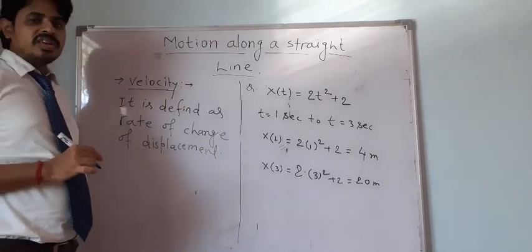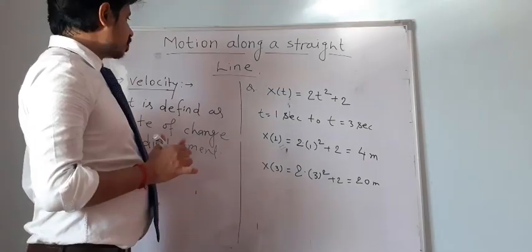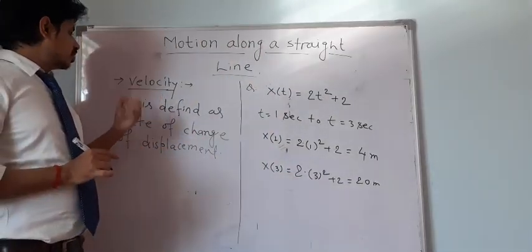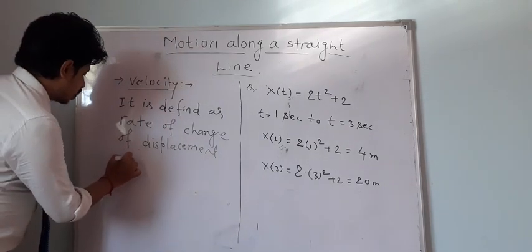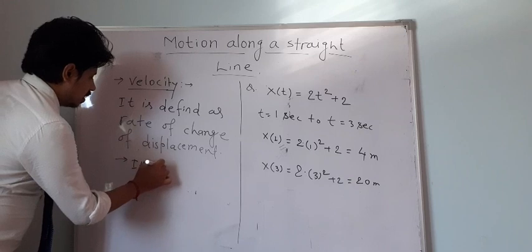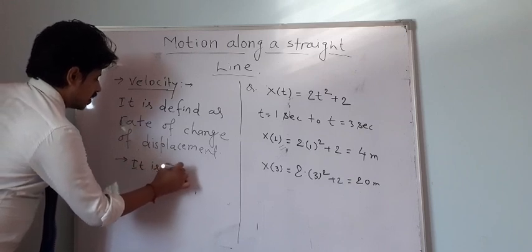That is, how fast or how slow a particular displacement is covered. That is known as velocity. So the first point about it: it is a vector quantity.